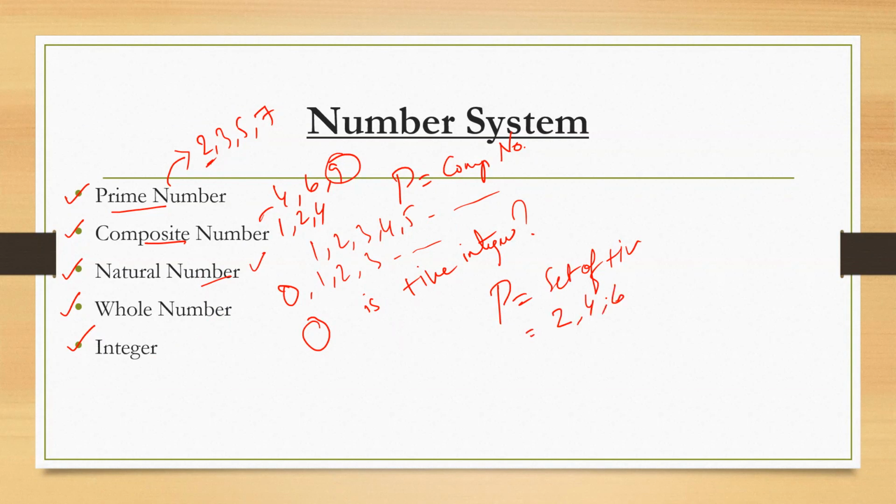Now, one more aspect: if it is given that P is a set of even numbers, then where will it start from?